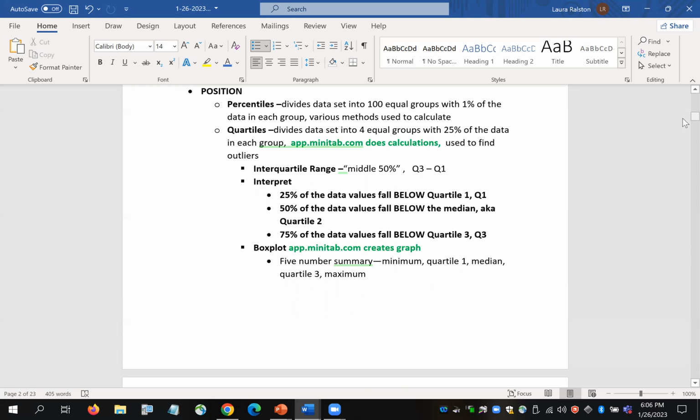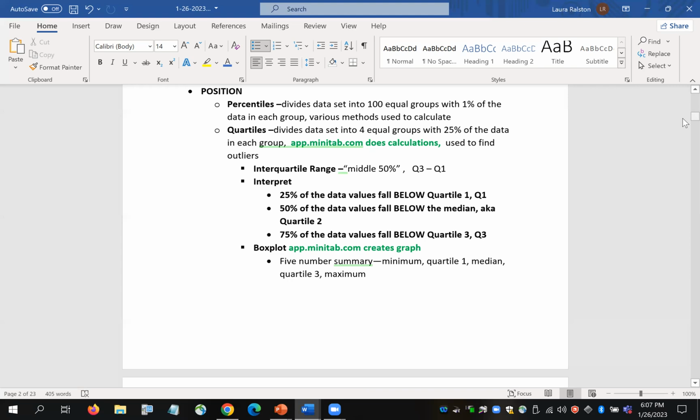We ultimately can use the quartiles to help us determine or find the outliers. Within the quartiles, we have the interquartile range, which represents the middle 50% of the data. The key thing to remember is how to interpret the quartiles, and it's the percentage of the data values that fall below the quartile value.